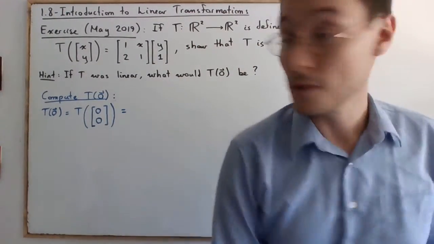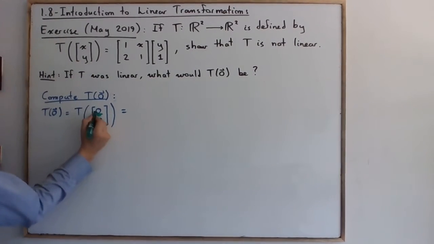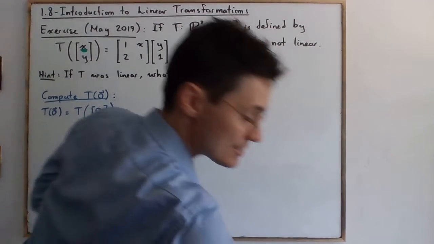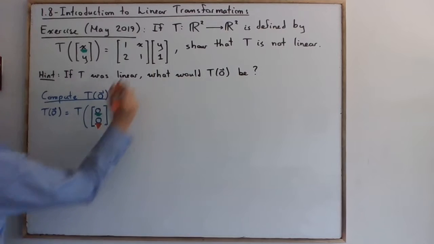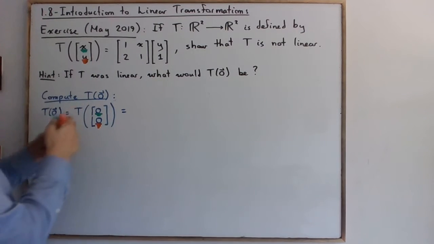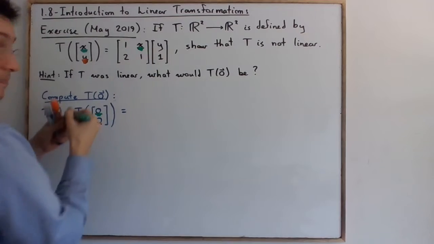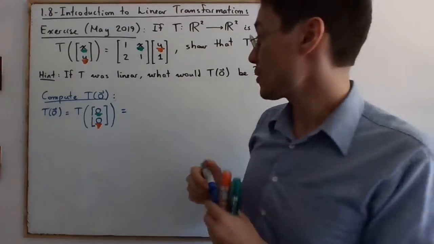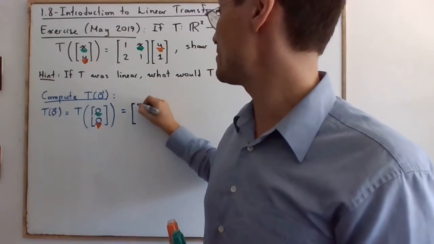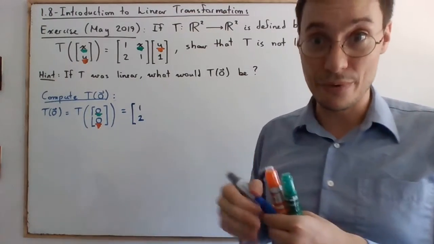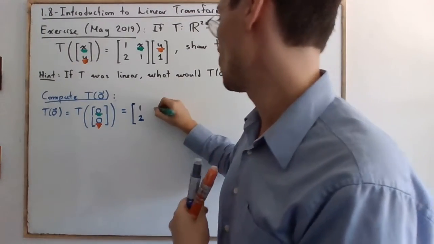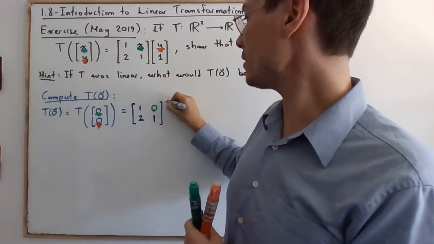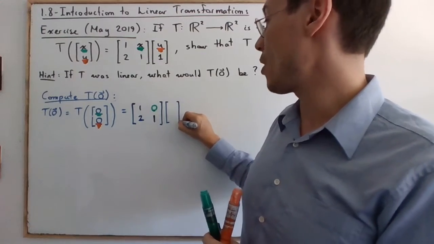And the idea is quite simple, right? You replace x with 0 wherever x is, and you replace y by 0 wherever y is, right? So as you can see, x is here and y is here. So in other words, T of (0, 0) gives you the matrix [1, 2; 0, 1] multiplied by the vector (0, 1).